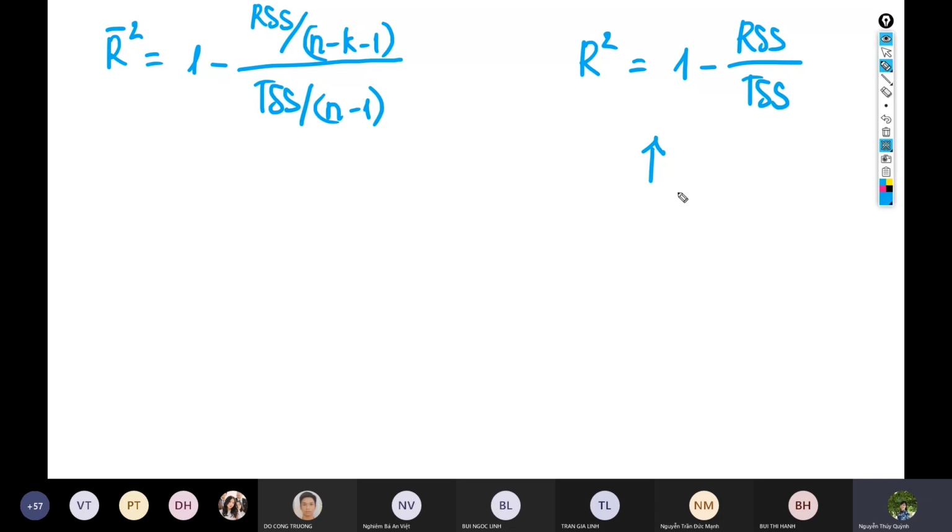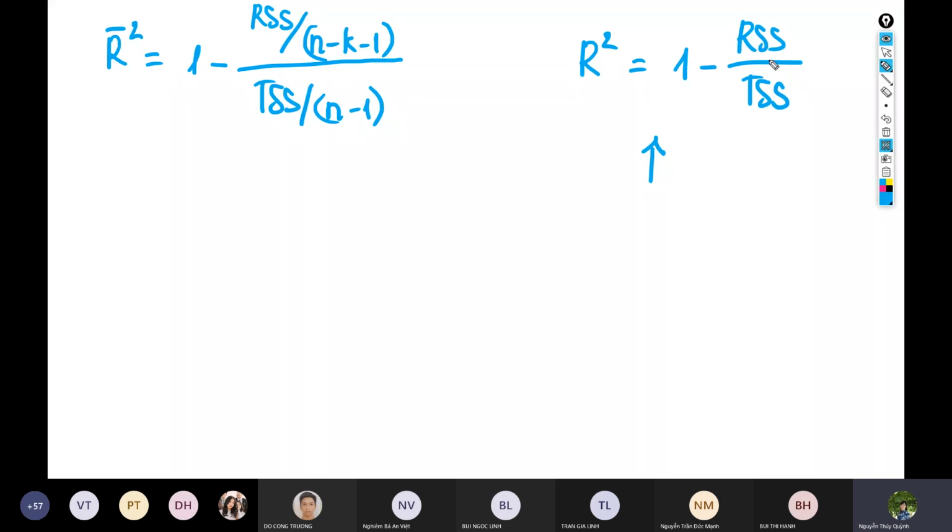Now, the change in the value of the coefficient of determination is because of the change in which element? Here is the formula to calculate R square. When we add one more independent variable into the model, we see the change in R square.